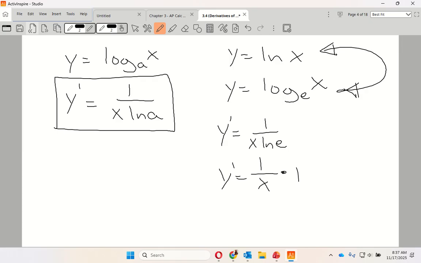So I rewrote it as log, because ln is just log base e. What about the x? The x is what it's of. It's that same x.